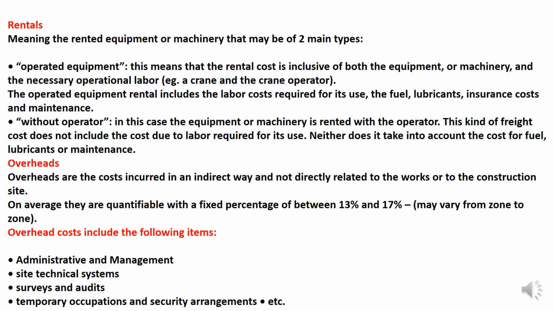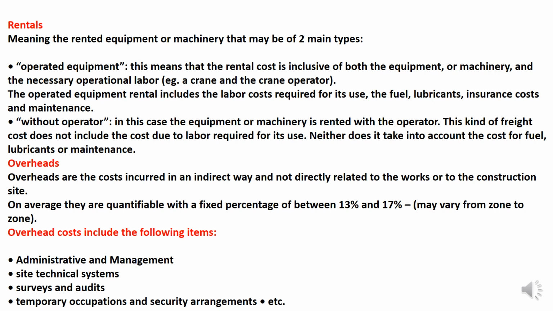Rentals, meaning the rented equipment or machinery, which may be of two main types. Operated equipment, that means the rental cost is inclusive of both the equipment and the necessary operating laborers. The operated equipment rental cost includes the labor cost for its use, the fuel and lubricant cost, insurance cost and maintenance.